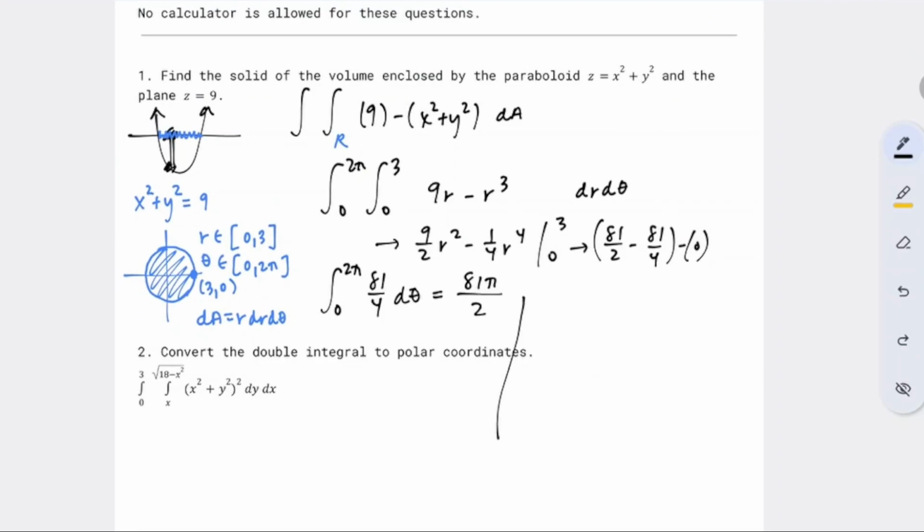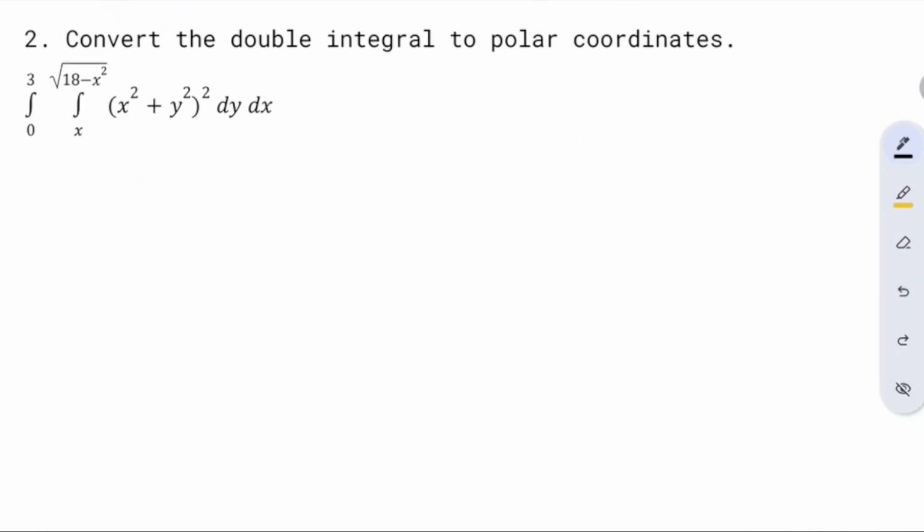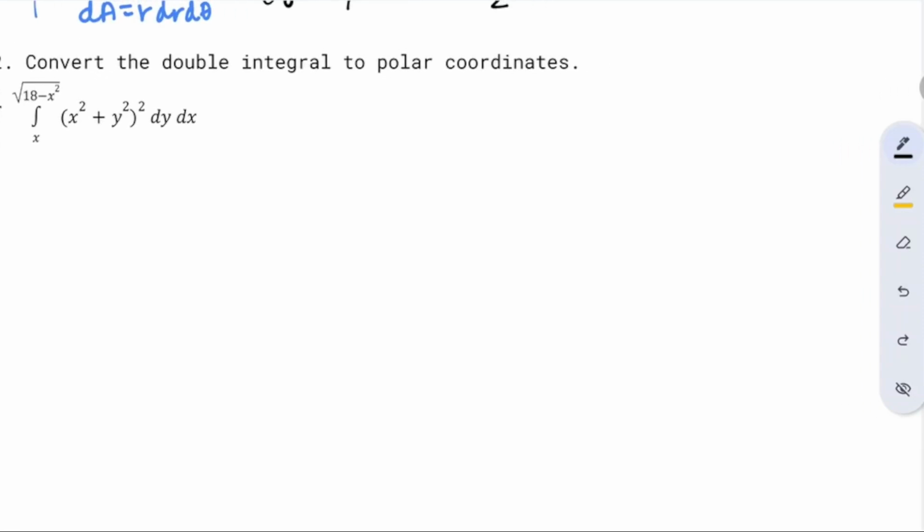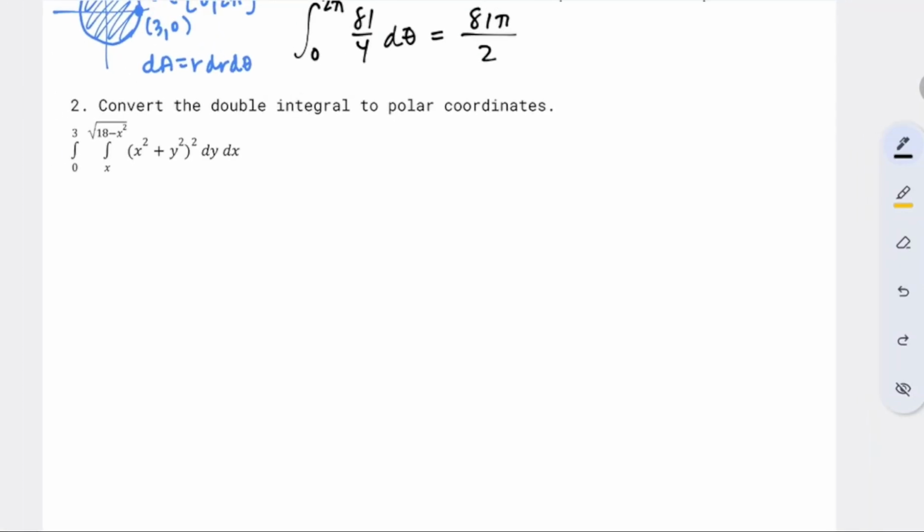All right, now we want to convert this double integral to polar coordinates, but I don't think we want to actually evaluate it. All right, I need that to be visible. There we go. So in the xy plane, y is starting at x. I don't know what that sound was.